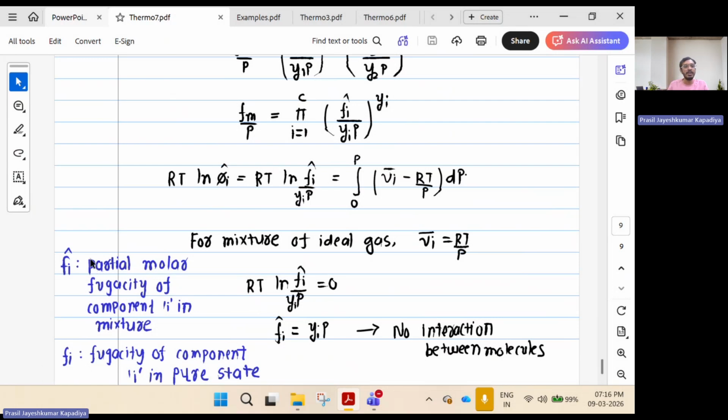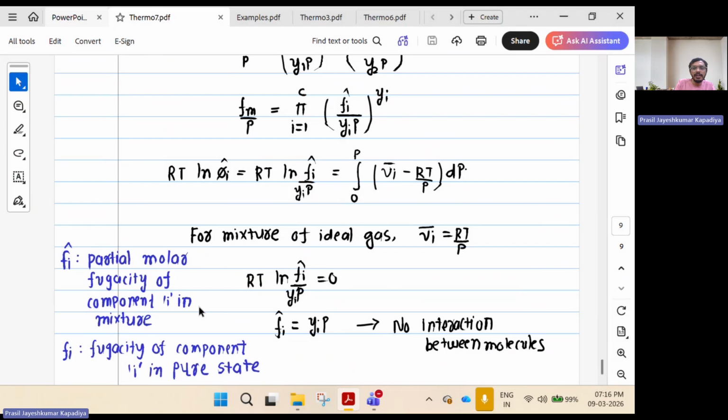So when we are dealing with an ideal gas mixture, we see that the fugacity of each component in the mixture is nothing but its mole fraction times the pressure, Yi into P. Just to make one clarification, what is my Fi?